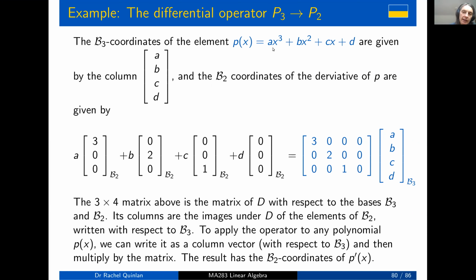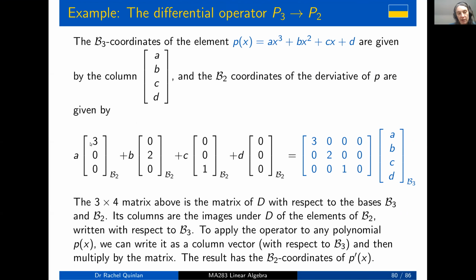P is a times x cubed, the first basis element of B3. So its derivative should be given in the coordinates of B2 by a multiplied by the B2 coordinates of the derivative of x cubed, which is 3x squared.